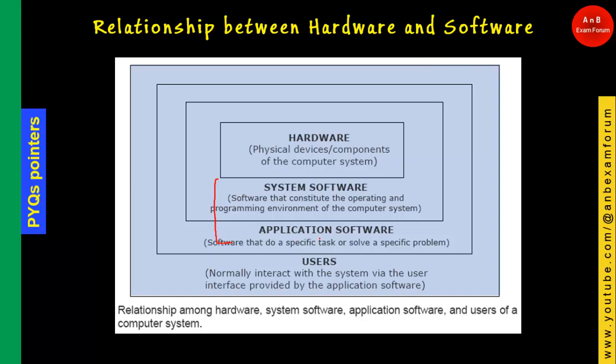One is application software, which is designed to do a specific task or solve a particular problem, whereas system software is a software which is basically an interface between hardware and the user, so that it can be understood by the hardware what exactly needs to be performed. Okay, so hardware is the core, whereas users are the persons who are going to use those hardware with the help of system software and application software. We are going to classify in the upcoming slides how the relationship is established.